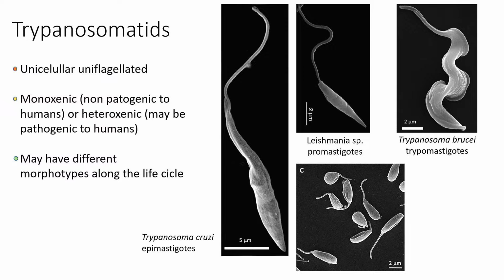We have here a promastigote of Leishmania that causes leishmaniasis, and here a trypomastigote of Trypanosoma brucei that causes sleeping sickness in Africa. And here we have Strigomonas culicis, I think, and that is a monoxenic parasite, so it is a parasite just for the insect.